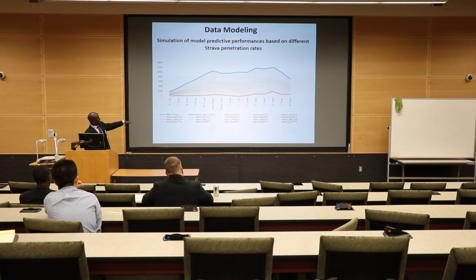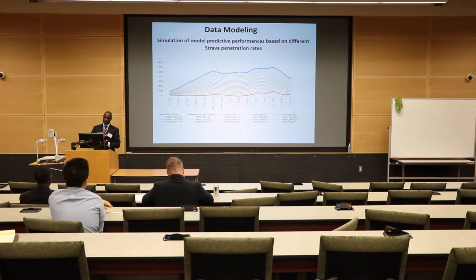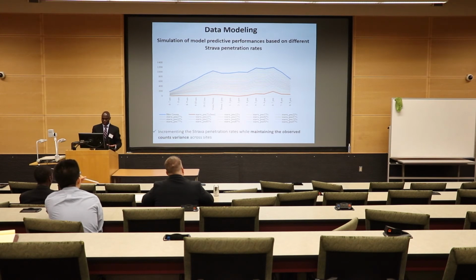So we did a simulation study where we increased the penetration rate, and as you can see, we increased it without changing the distribution by hour. So that's the assumption we made, that the distribution is going to be the same. Now the penetration rate is going to be increasing, and incrementing the Strava penetration rate while maintaining the observed counts across the sites.